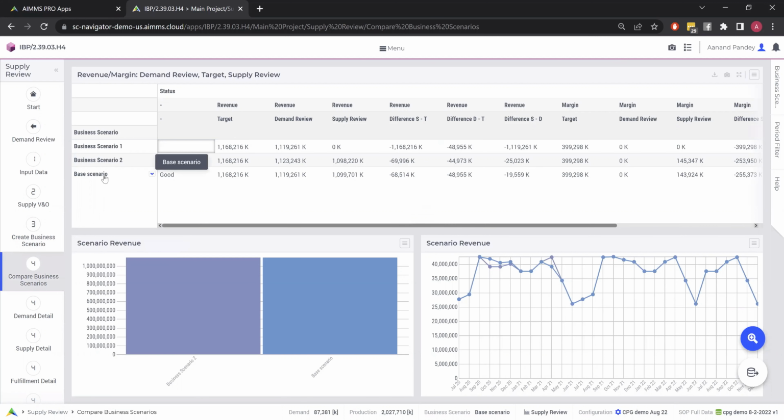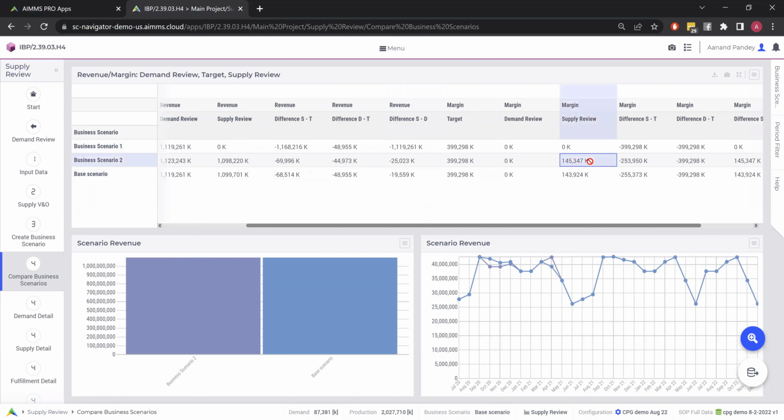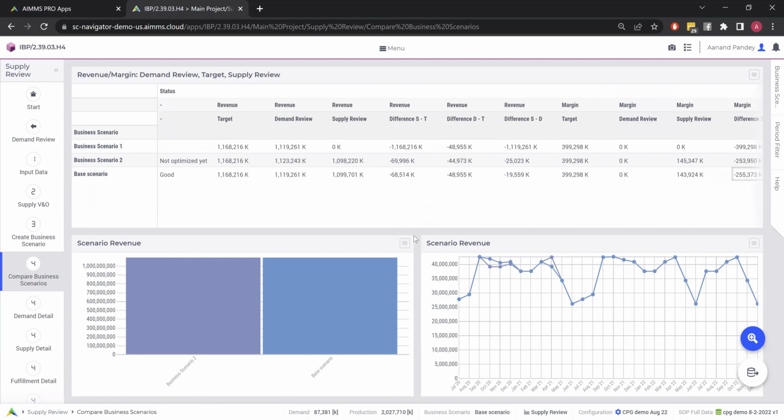So we could see, compared to our base scenario and compared to another scenario that I saved, the amount of revenue we're achieving is quite different. The amount of margin that we're able to achieve is also different, because under each of these scenarios, we have a different production plan and different limitations. So of course, the targets and the revenues we achieve will be different.